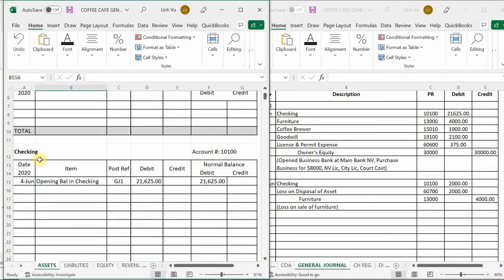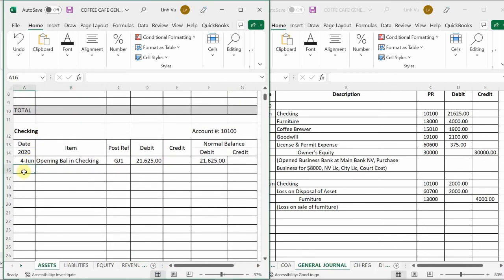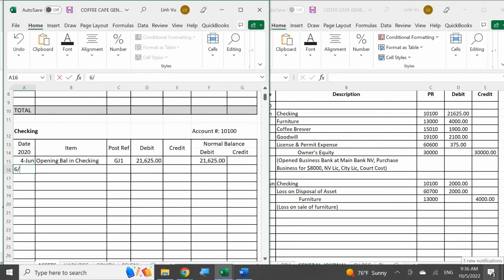So, first things first, I gained some money. I gain money on sale of the furniture, so that's what my note is going to be: sale on furniture. Okay? We're still on general journal page number 1.